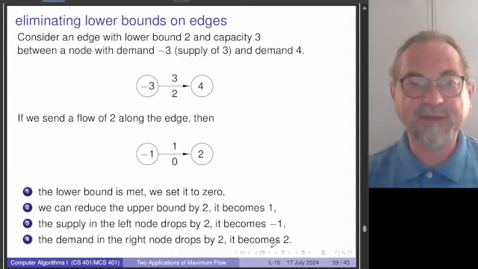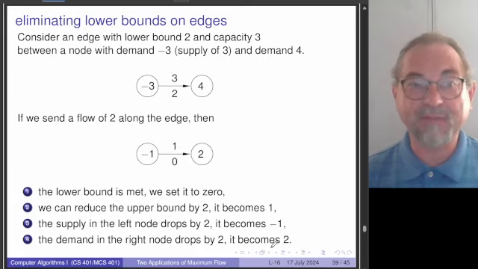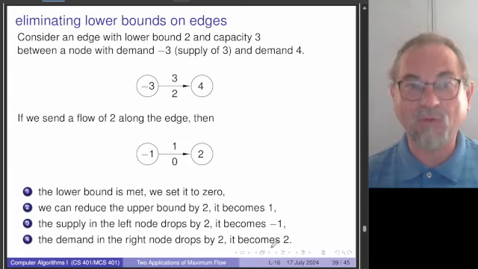So here is a very simple example on how you could do that. If we have a lower bound of 2 and an upper bound of 3, then we actually can always pretend that we must send a flow of 2, and that actually decreases the supply by 2.